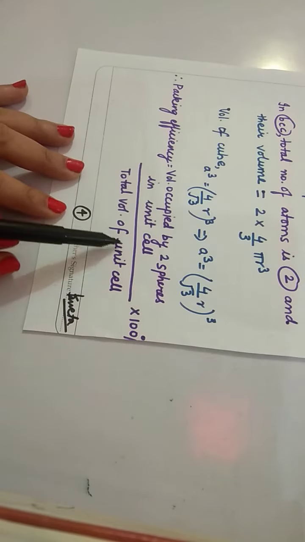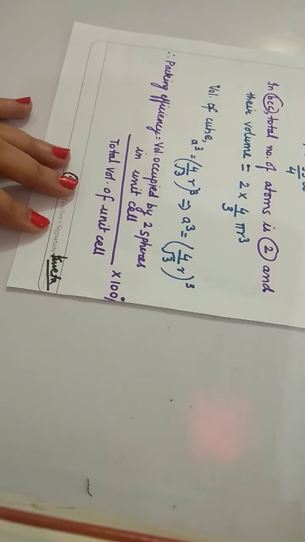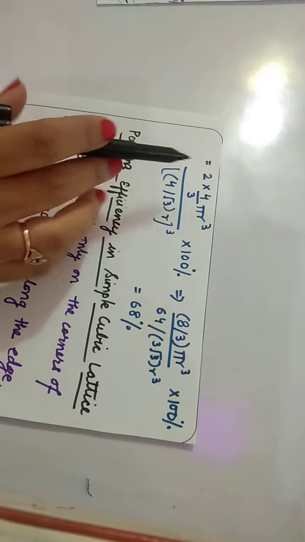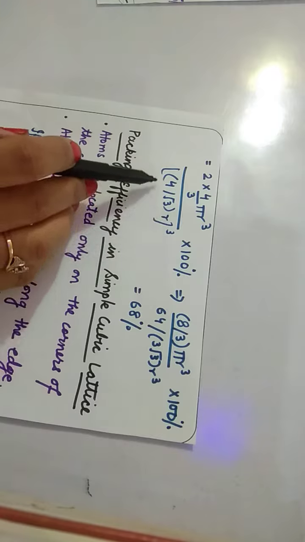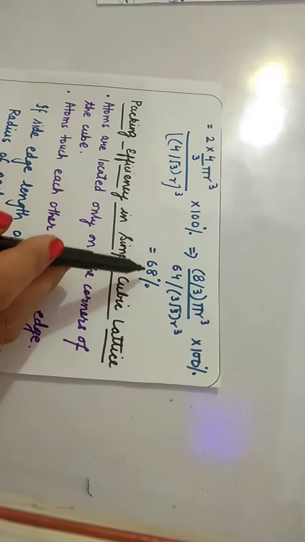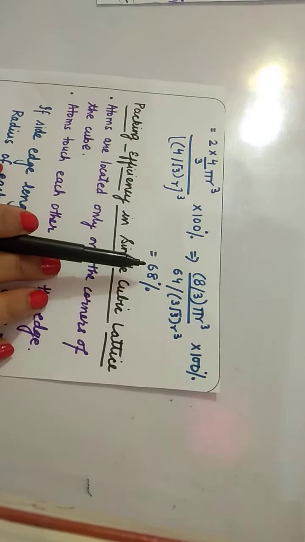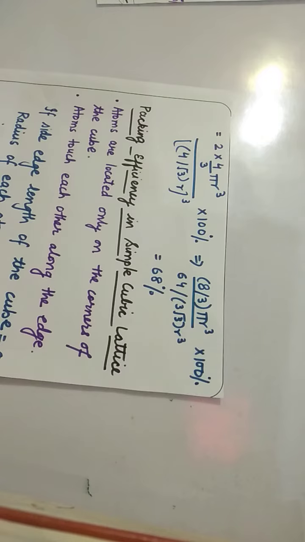Unit cell is a cube, so it is A cube into 100%. So it is coming out to be 2 into 4 upon 3 pi r cube, putting the value of A cube here. The value comes out to be 68%. It means the packing efficiency of BCC structure is 68%.